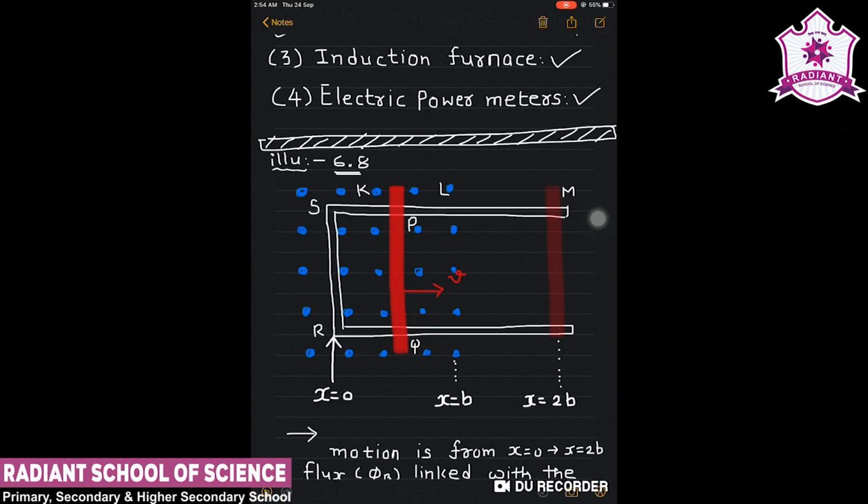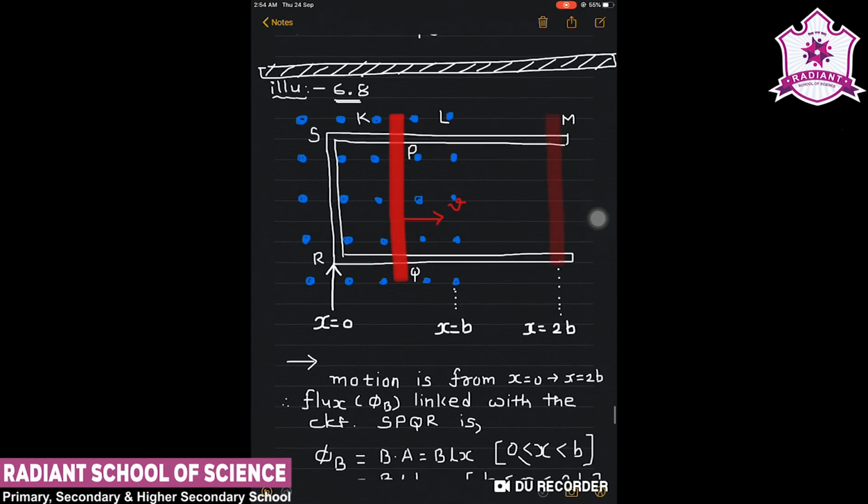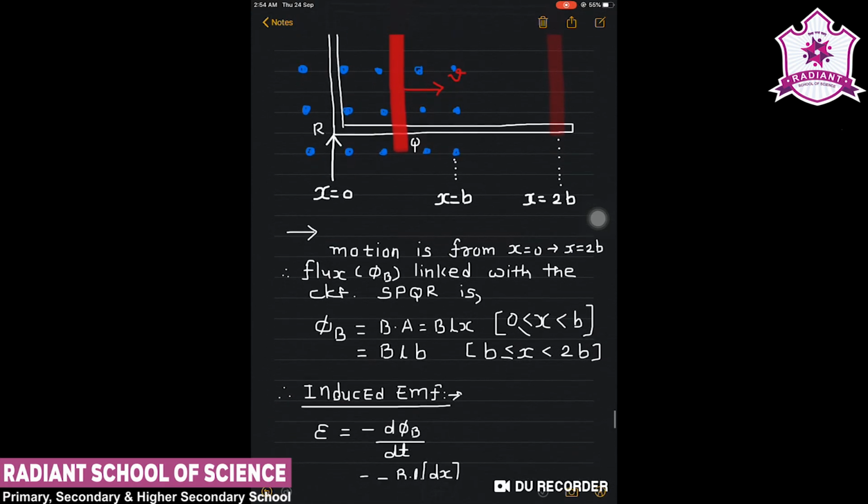Now clear? Here we have to move from x equals 0 to x equals b. To consider the situation, first of all we will take the magnetic flux that is linked with the circuit SPQR.